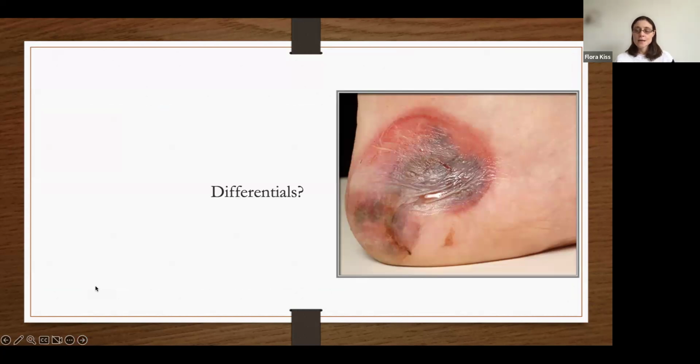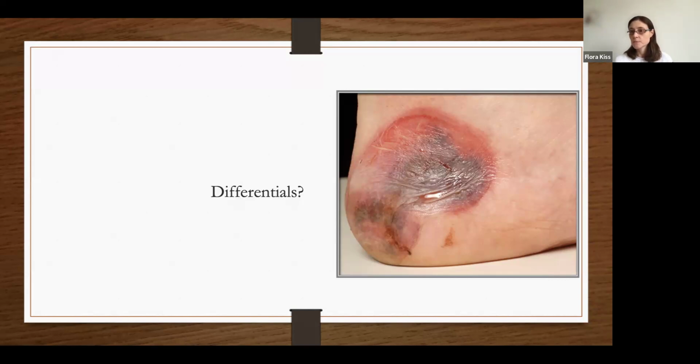Now, this is just, again, a case that I wanted to showcase as part of environmental challenges to the skin. This is simply due to a trauma, due to occlusive footwear, a too small shoe, and basically the shoe being uncomfortable and not good enough for the patient, not fitting well enough.